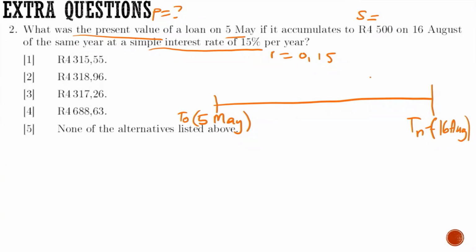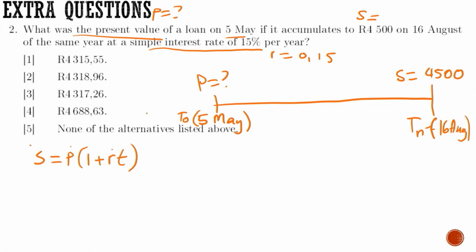This is your future value on this time, which is 4,500. You don't know what the amount is here. You are given all of this information. For the simple interest, you know it is written like this: P into 1 plus RT. You have your S, you don't know your P, that's what you're looking for.